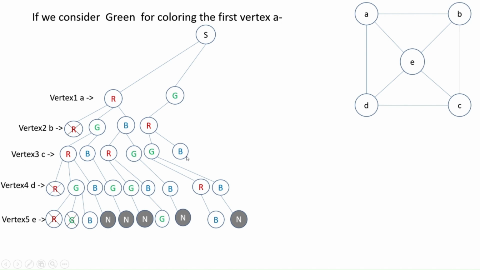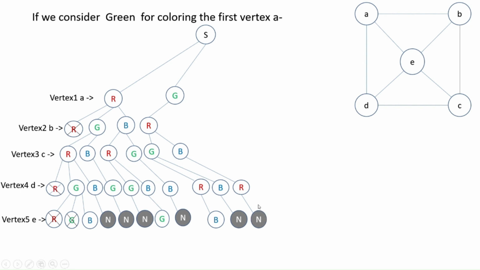The fourth vertex can be colored with red because 2 and 4 are not adjacent to each other. After coloring the fourth vertex, there is no other color left for the fifth vertex, since all three colors are used for these four vertices. So it is not possible to color the fifth vertex.